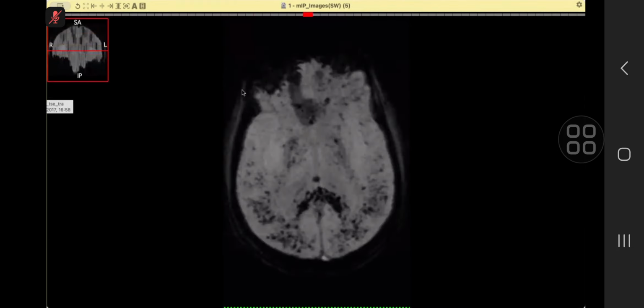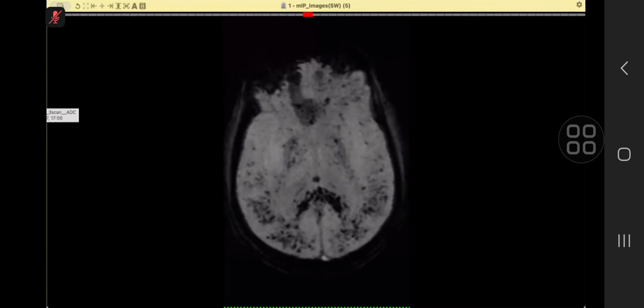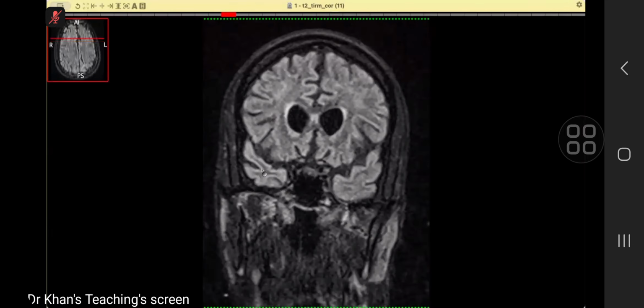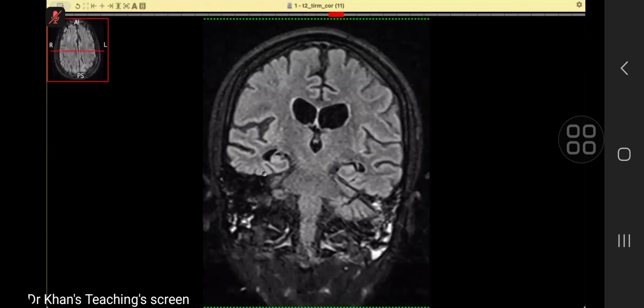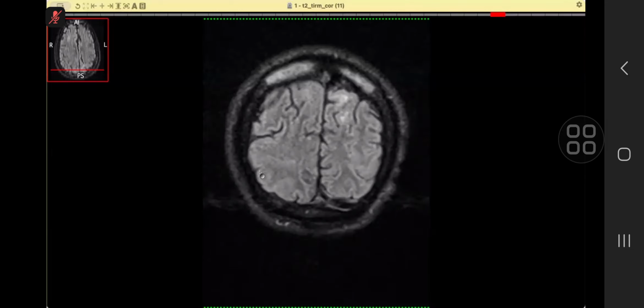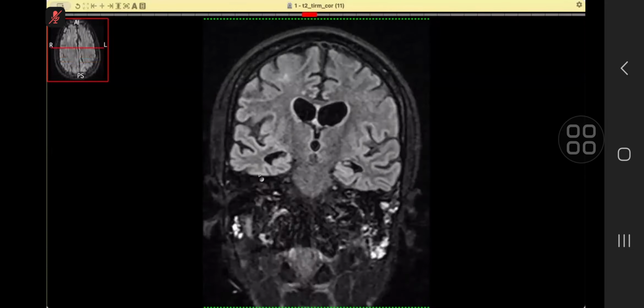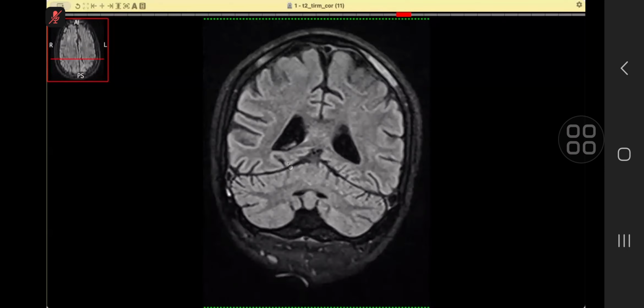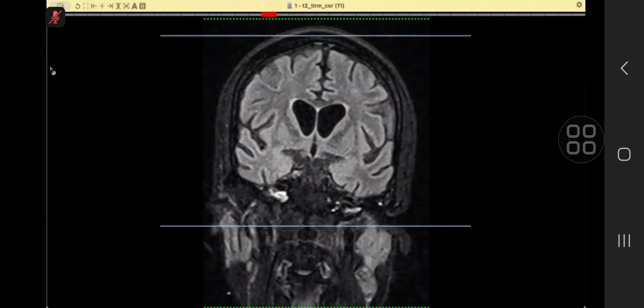So in this case, the other sequences were not very impressive. I showed you a FLAIR, and there were some non-specific findings. And then if you see, there was a lot of atrophy, and this looks like an 80-year-old, and this is only a 23-year-old.